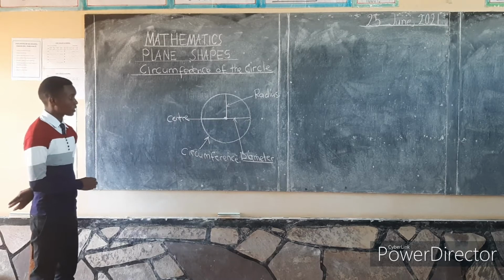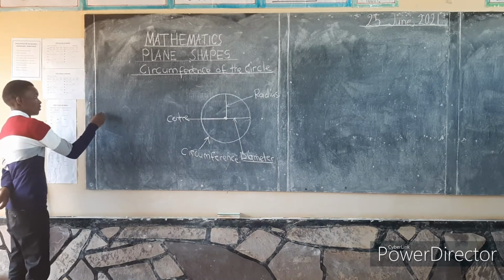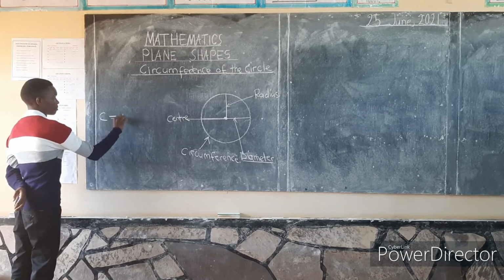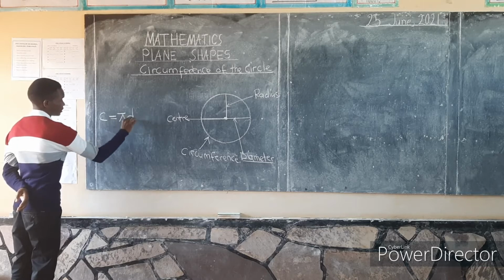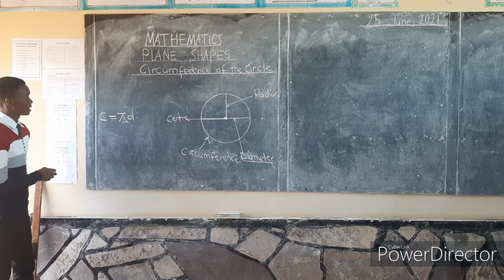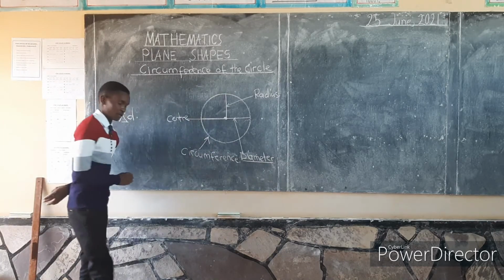To calculate the circumference of the circle, we use the formula: circumference is equal to pi d, where pi is simply the ratio between the circumference and the diameter.